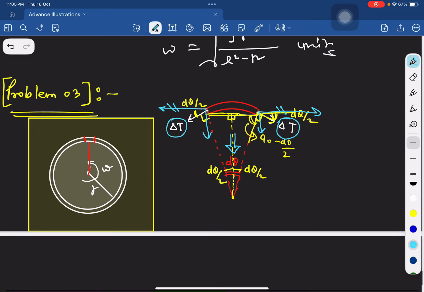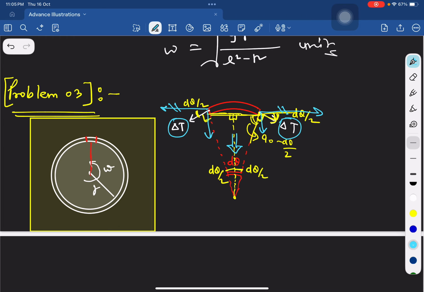the delta T, if you see, this will be delta T cos d theta by 2. Of course, here a lot of things have been messed up, so please see it carefully. Here, let me put it in a different color.